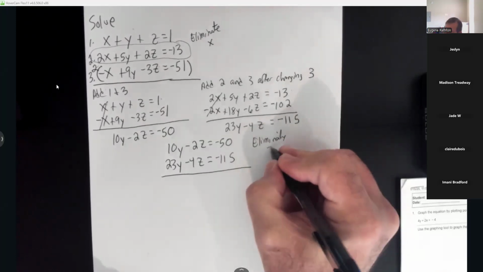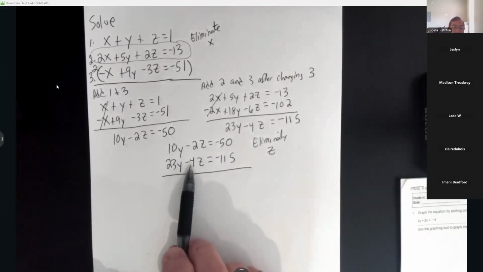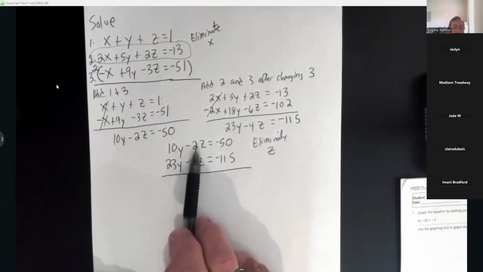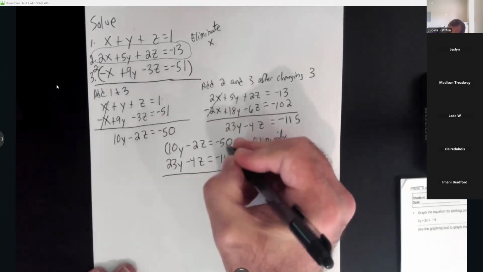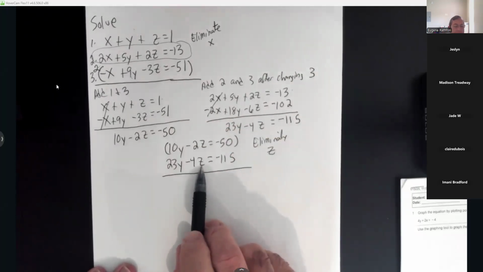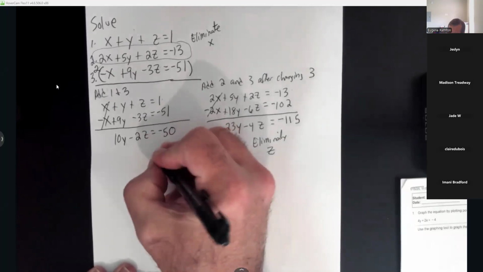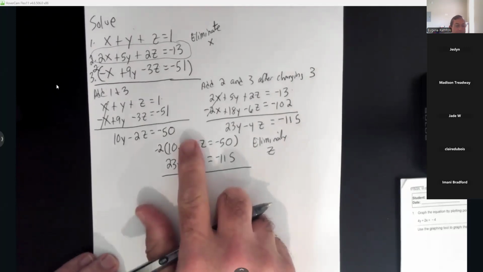Let's eliminate the z. Because look here, you've got a -2 and a -4. If I want to eliminate the z, what can I multiply this row by to make that -2 into a +4? I would multiply this whole row by a -2, right?